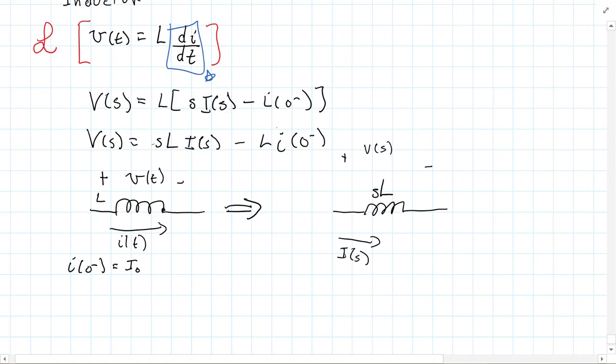But I have something else here. Actually, I should give myself a little more space, because look at what I have here: an additional term.